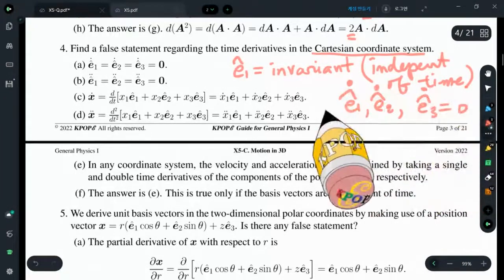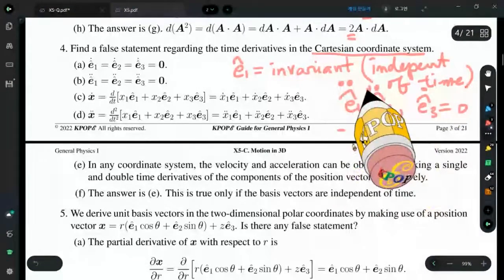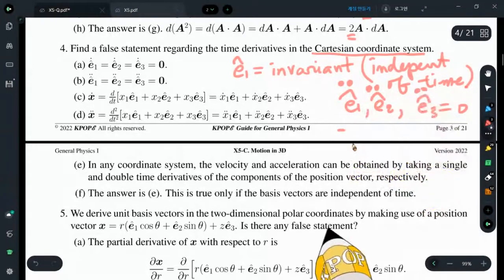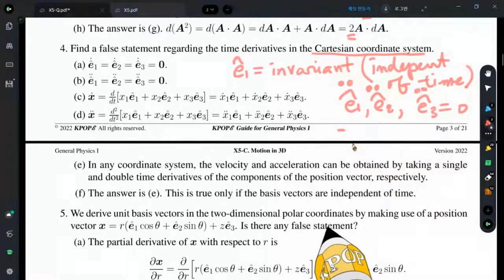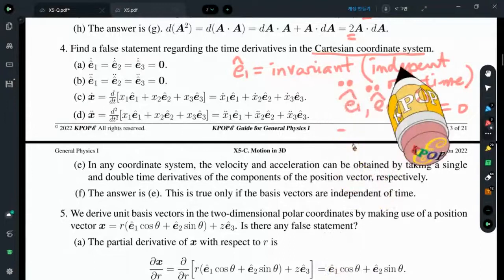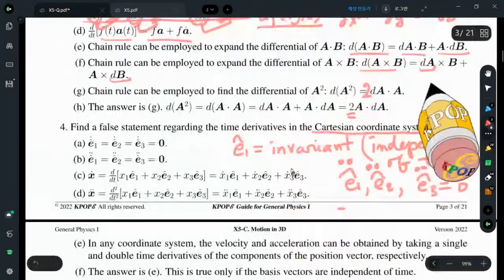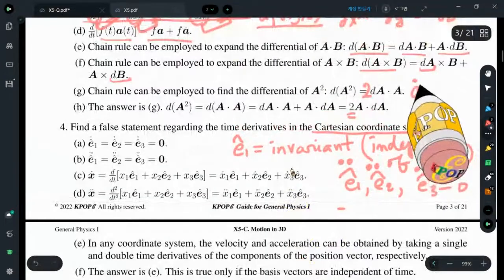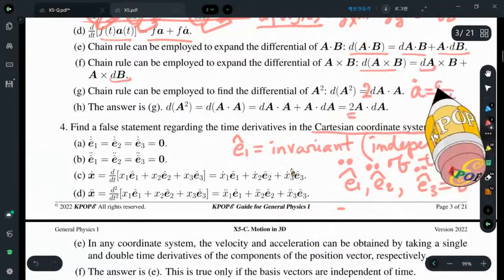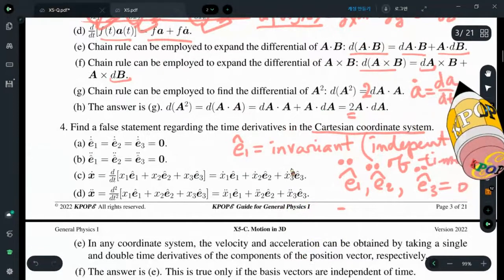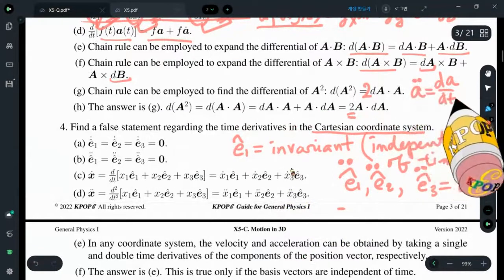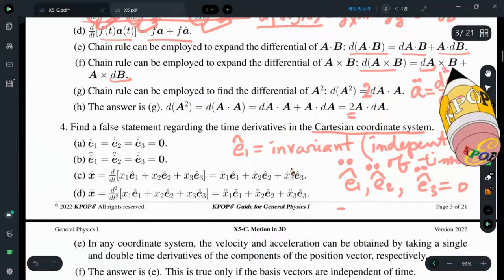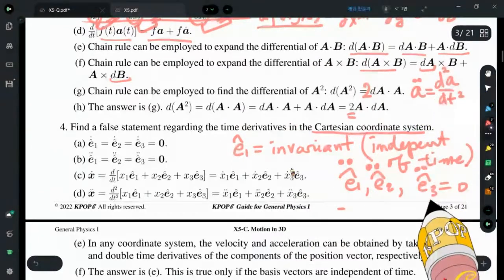The first derivative vanishes, so the second order derivative also vanishes. You know, A dot equals the time derivative of A, and A double dot is the second order time derivative of A.